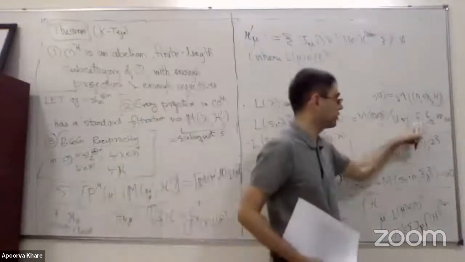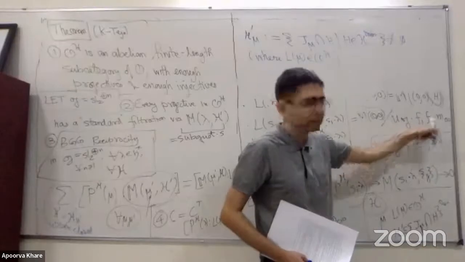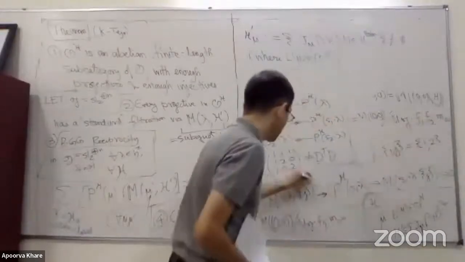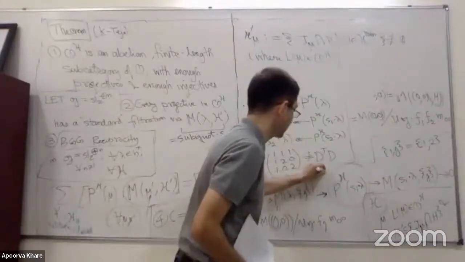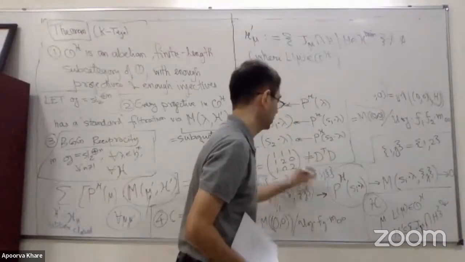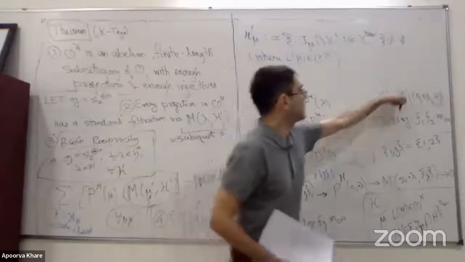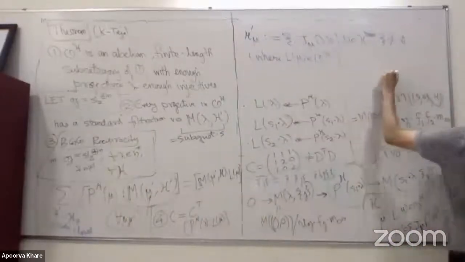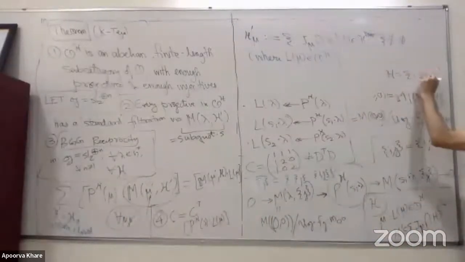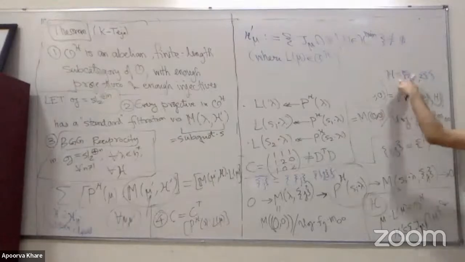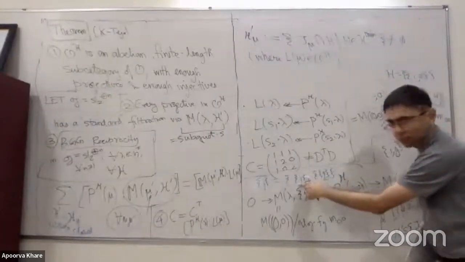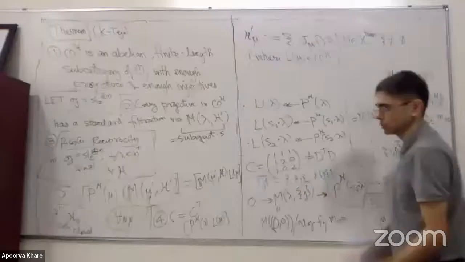F_j is either F1 or F2. So if F1 kills the vector, then F1 times F2 also kills it. So the upper closure is I comma F1. And this set clearly contains the set which I started with. So this set is contained in this set, even though I started with a smaller set, because I look at the upper closure.